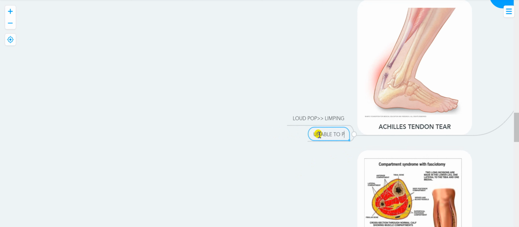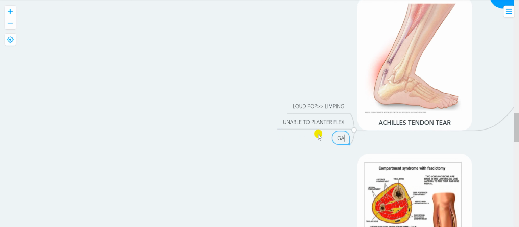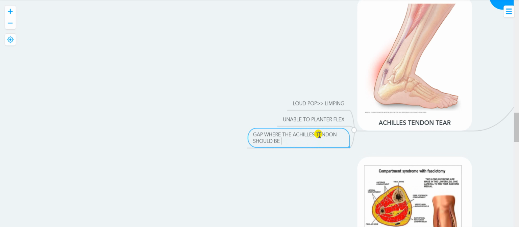There's a gap where the Achilles tendon should be. A gap. How do you diagnose that?